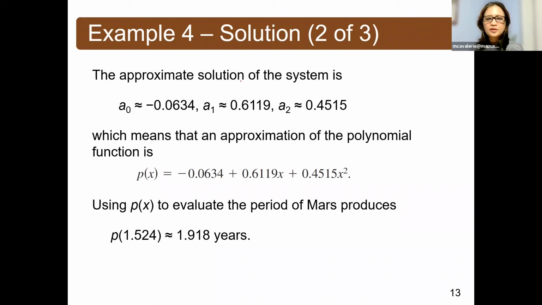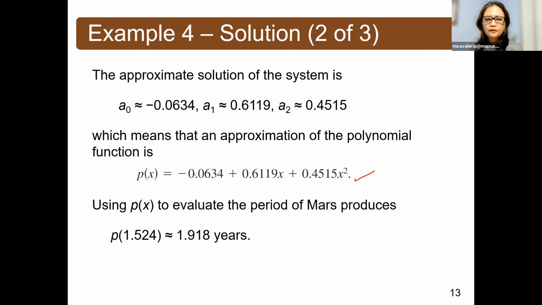So the solution is as follows. We'll have a0 about negative 0.0634, a1 to be 0.6119, and a2 to be 0.4515. Substitute this into the polynomial function and you will have this particular equation. Now, P(x) equals negative 0.0634 plus 0.6119x plus 0.4515x².